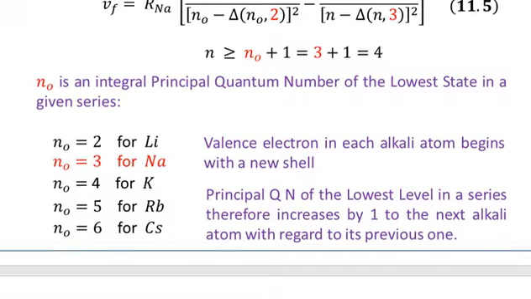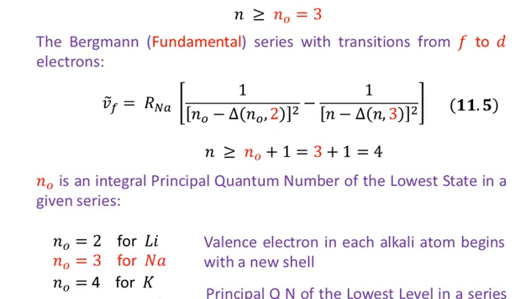So you see that here I am representing this one as the Bergman series or the fundamental series, and I am choosing F as a subscript from fundamental. So I have new F over here, where new stands for the wave number, and then I have the R_Na, and then in the square bracket you see that delta now has 2 over here, because l equal to 2 means that the lowest level of this series will be the D level, and the upper levels of this series will be F levels, which have l equal to 3.